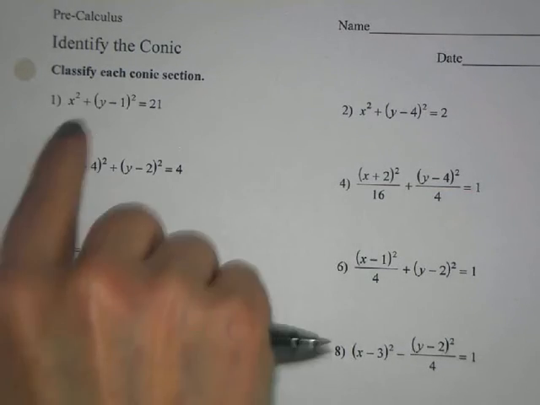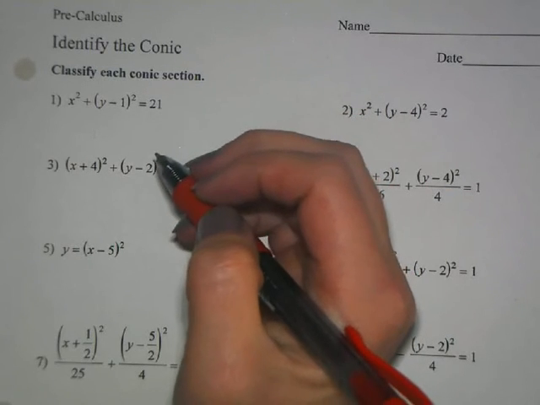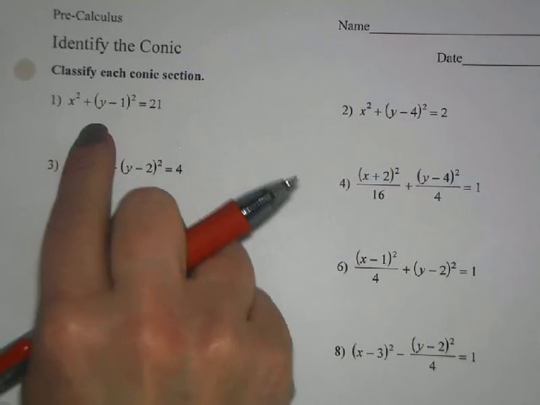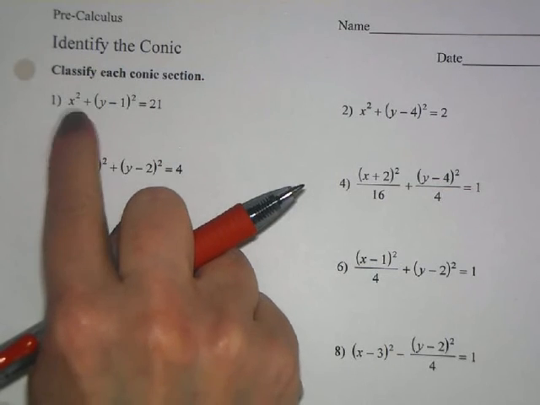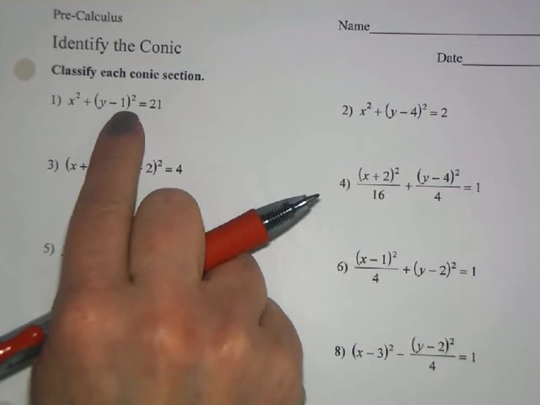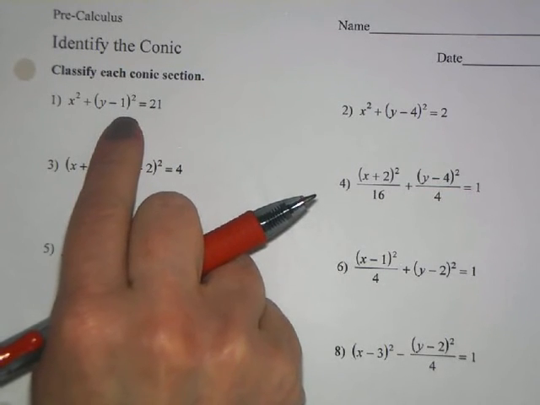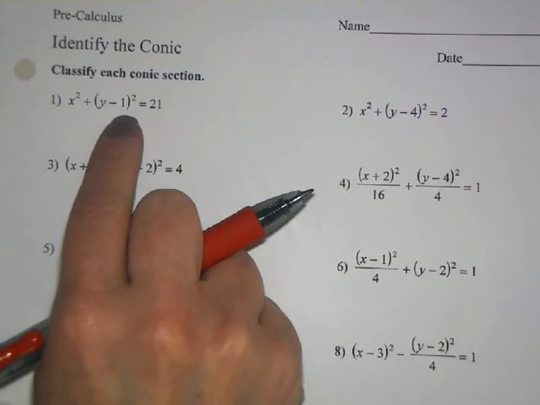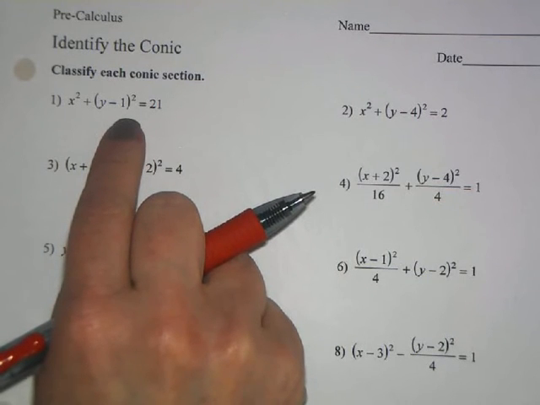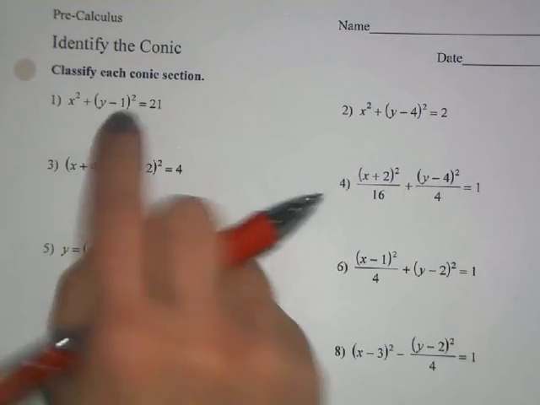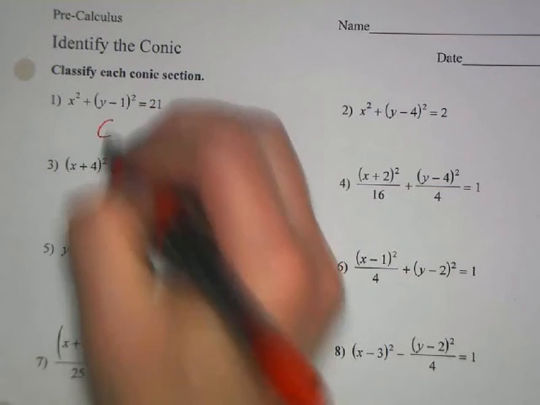So, number 1, does that look familiar to you guys? I've got 2 things squared, so it's not one of the parabolas. I'm not dividing anything, so what is this one? You can do hand motions if you want. Yeah, it's a circle. Very good.